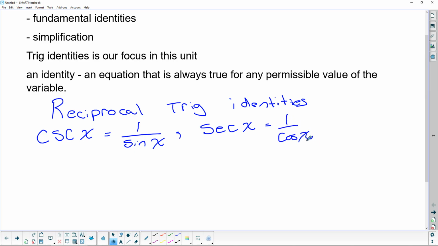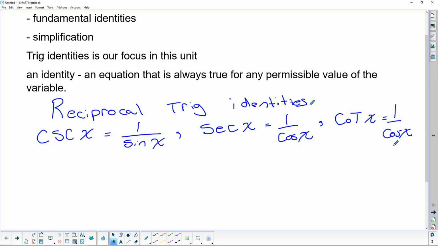And our final reciprocal identity is the cotangent one. Okay, now if you rearrange these, if we bring this over here and then divide by cotan, the opposite is also true.